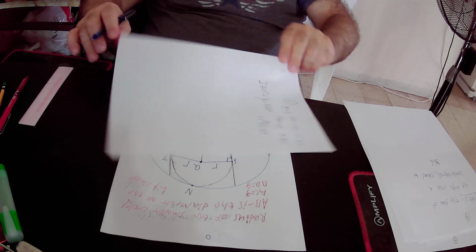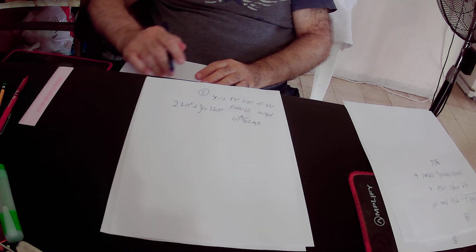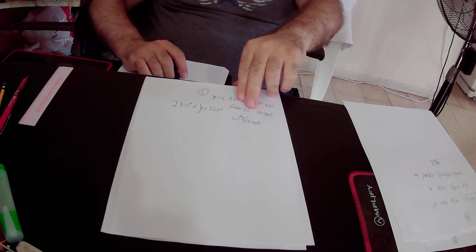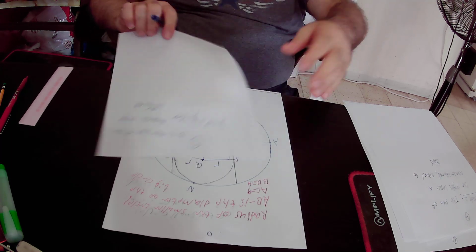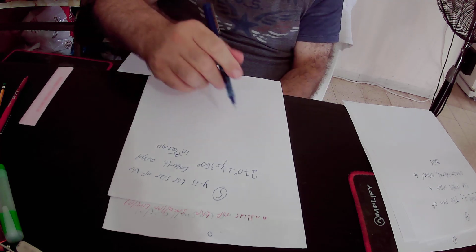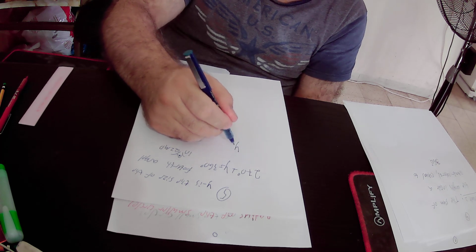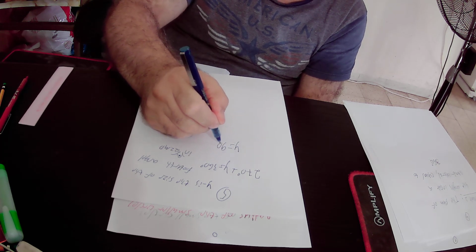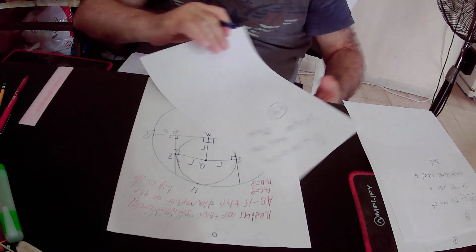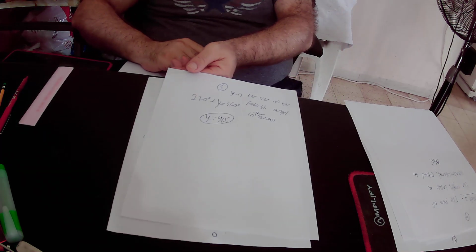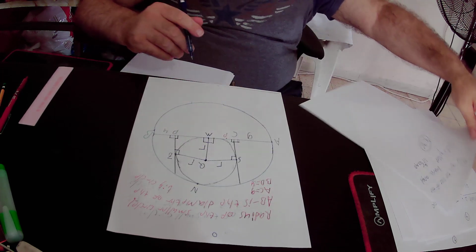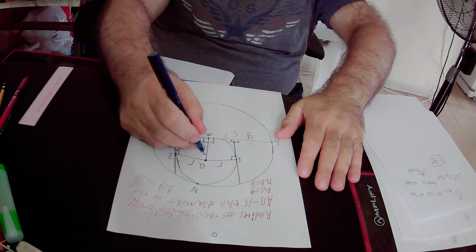Okay, so here we will subtract 270 degrees from this equality, and we will get that y equals 360 degrees minus 270 degrees. That is to say, y equals 90 degrees. Okay, so we found out that y equals 90 degrees. That is to say, this is also a right angle.